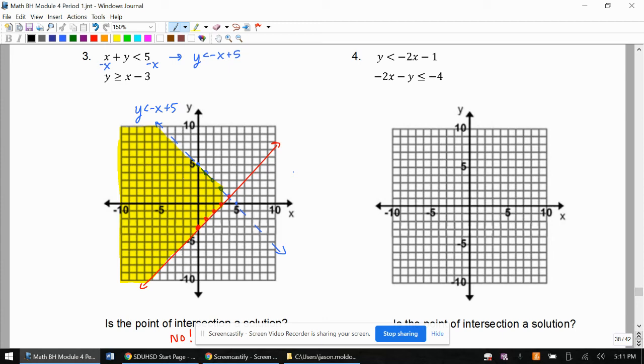All right, this first one I'm going to do in black. Has a -2 slope. And it is dashed.